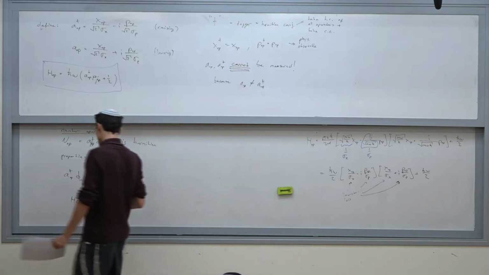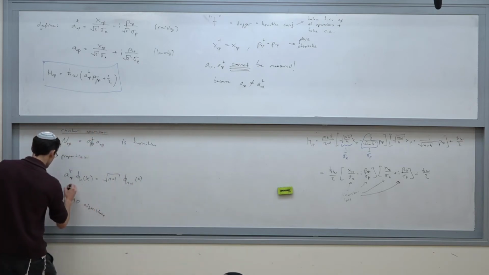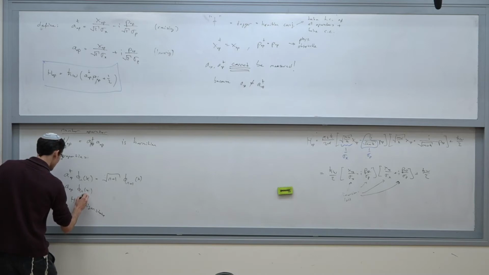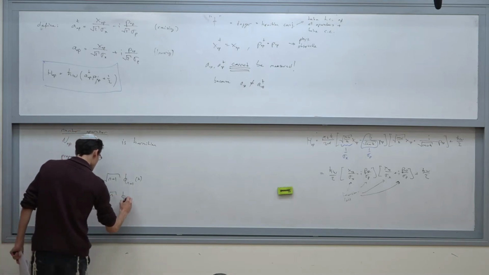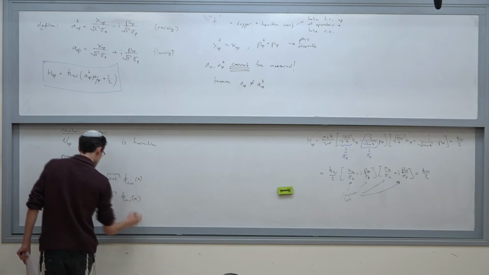And if you act with A on phi n of x, you'll get root n times phi n minus 1 of x.